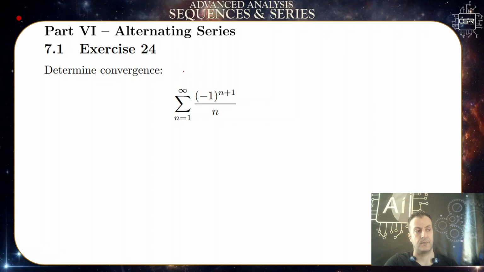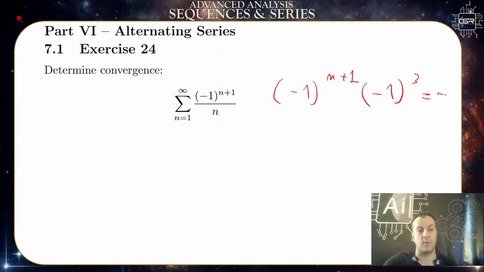Alternating series. Number 24. Determine convergence of the sum from n equals 1 to infinity of minus 1 to the power of n plus 1, divided by n. Here we have a type of alternating series where minus 1 keeps alternating between minus 1 and plus 1, for n plus 1 being odd and even respectively. If n plus 1 is odd, minus 1 to the power of n plus 1 would be, for example, minus 1 to the power of 3, so it remains minus 1.